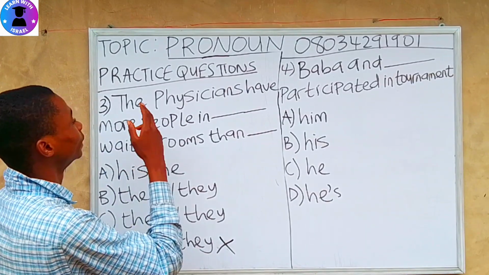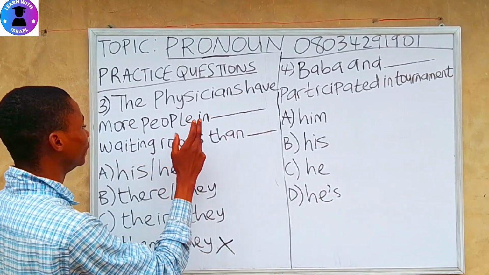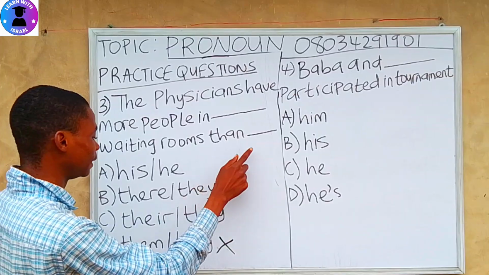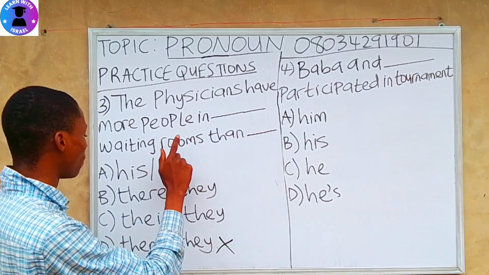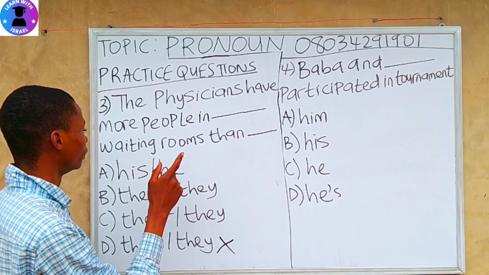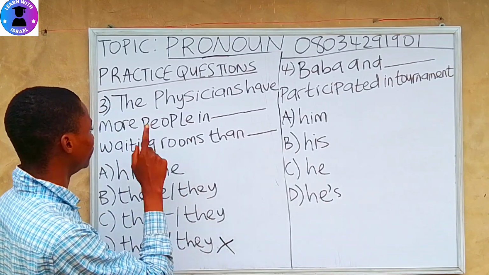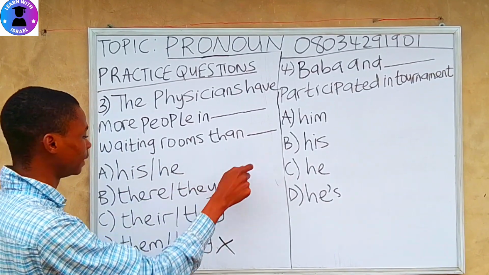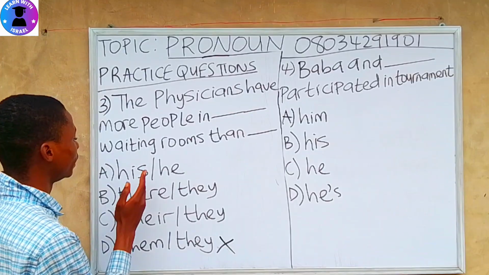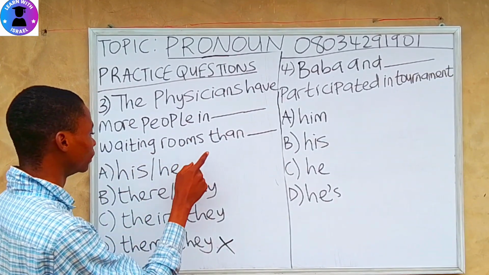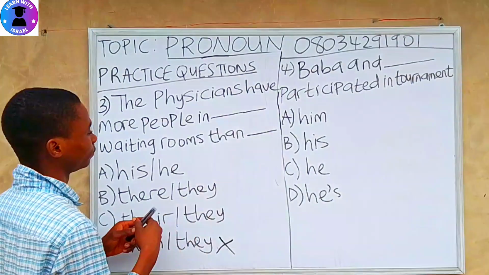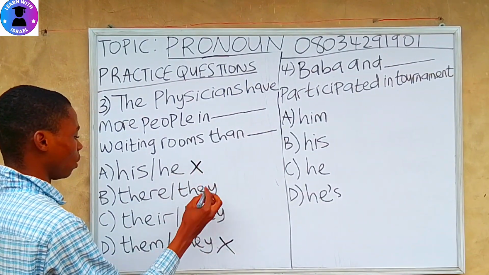Option C. The physicians have more people in their rooms than they. Let's check option B. The physicians have more people in their waiting rooms than they. Option A. The physicians have more people in his waiting rooms than he. It's also wrong. Option B is wrong.